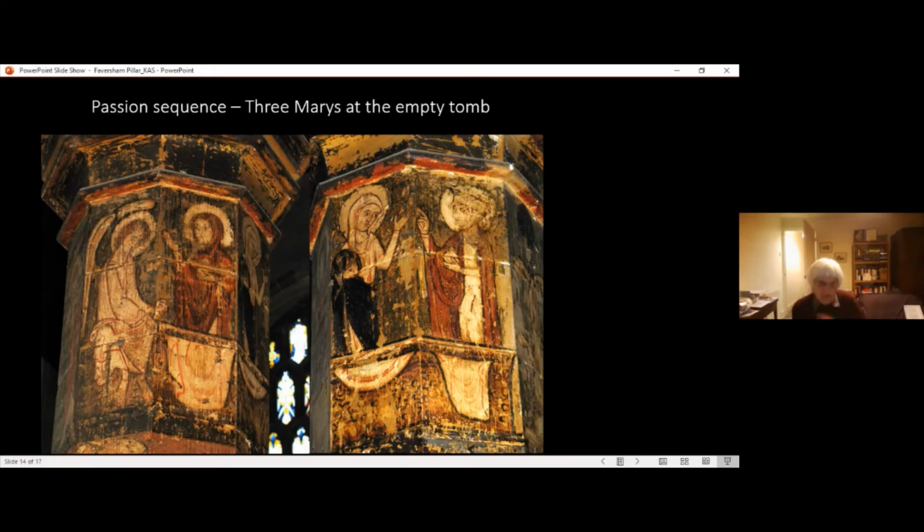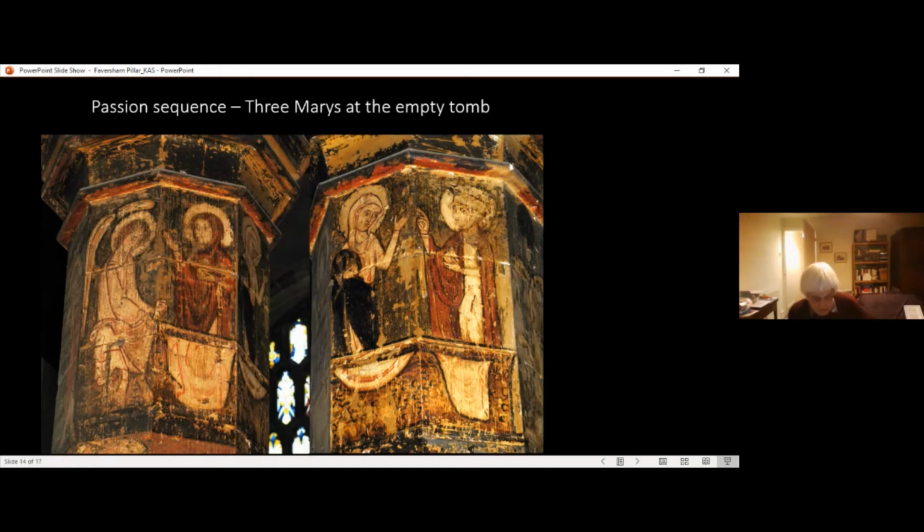So thinking about the whole of the pillar, we've got Christ's mother present in all bar 2 scenes. So like her son, she plays a principal role, and it's her line of sight that the viewer follows as much as Christ's. And this is probably not surprising, considering that the church at Faversham is dedicated to Our Lady.